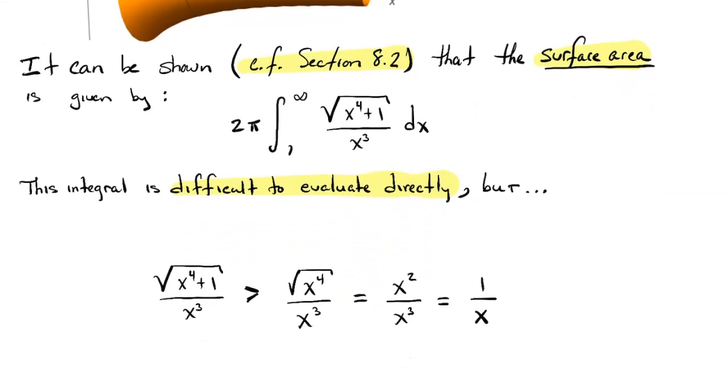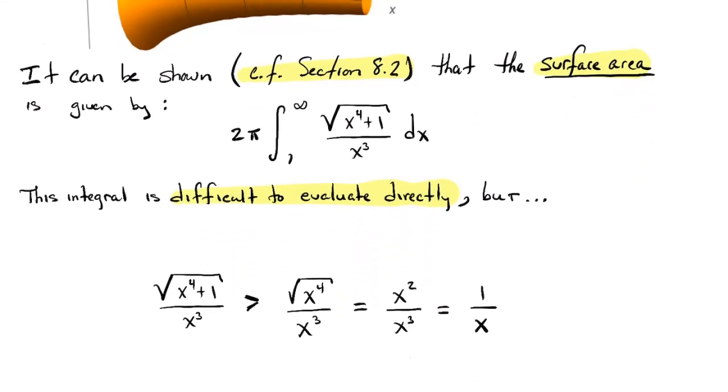We're interested in knowing if it converges or diverges. If I take my integrand, the square root of x to the fourth plus 1 over x cubed, can you guys stop the video and say why I would know that that is bigger than the square root of x to the fourth over x cubed? Stop and answer, but I'm just going to continue.